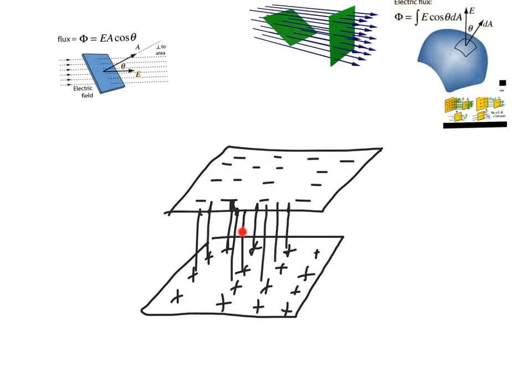And in the space between the plates, there would be a uniform electric field. Only at the edges would the field be rounded, right? And so this is the way we get a uniform field, and we've seen lots of uniform fields, and that's the way it's created. So it's good to know all that.